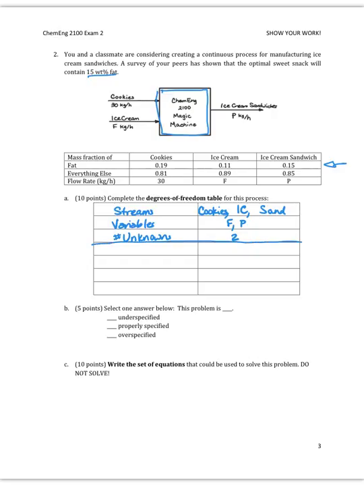And now then, I need to come up with how many equations I can have. My categories of equations, since we're not yet dealing with reactions, I have material balances, sum of x equal to 1 equations, and then those process specs.